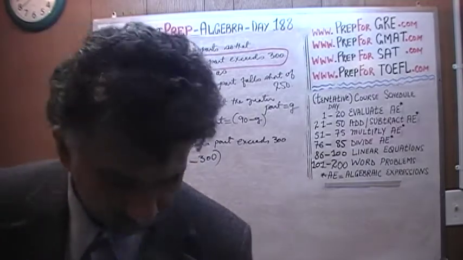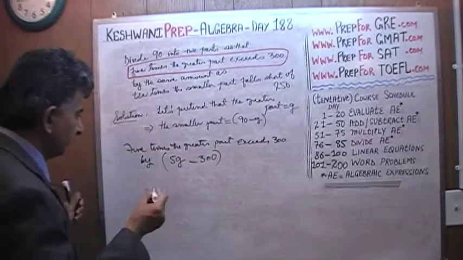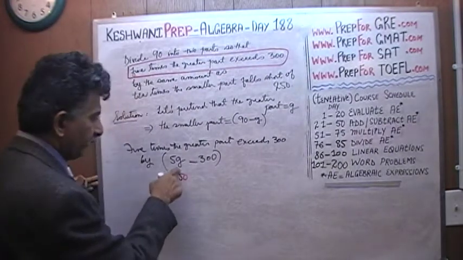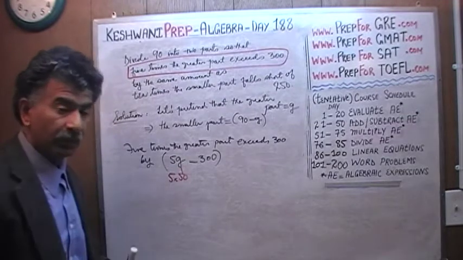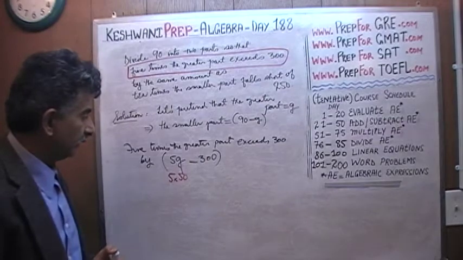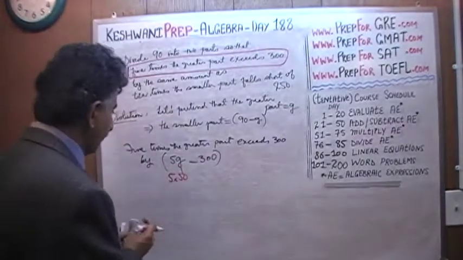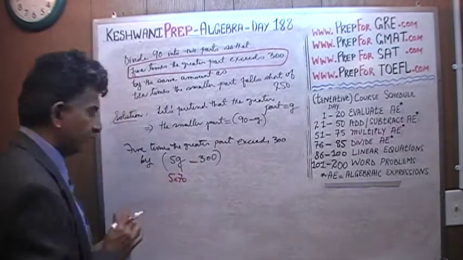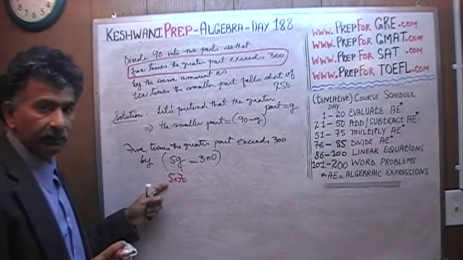For example, if g happens to be 50, this would not work because 5 times the greater part is only 250. Let's put something that gives us a positive quantity. How about 70? If the greater part is 70, then 5 times 70 is 350.